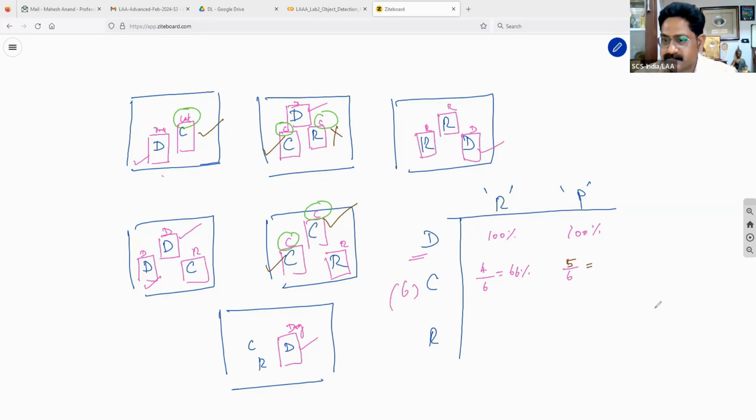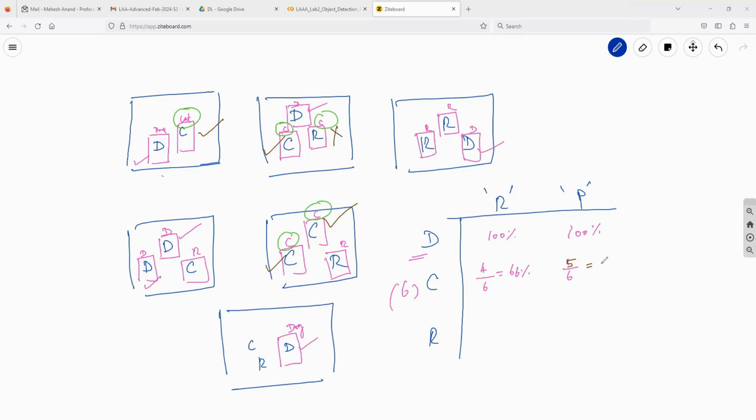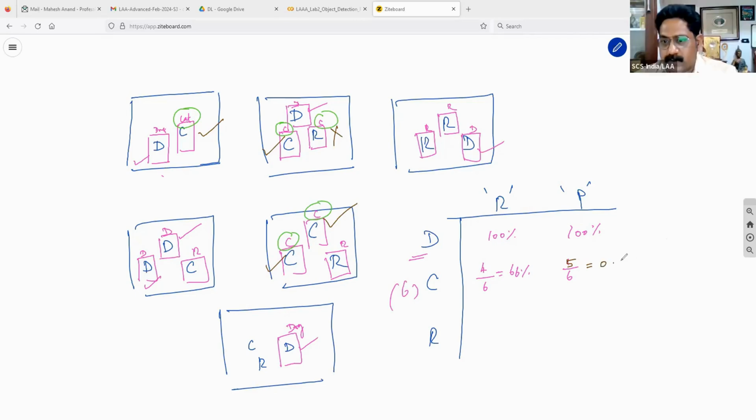Don't get confused. Is that clear, Ram? So yes, that is the precision for cat. So we get the score, roughly 80%. 83%. So 83%.